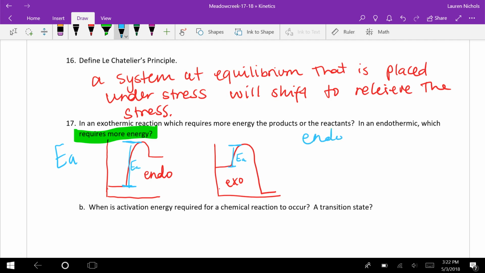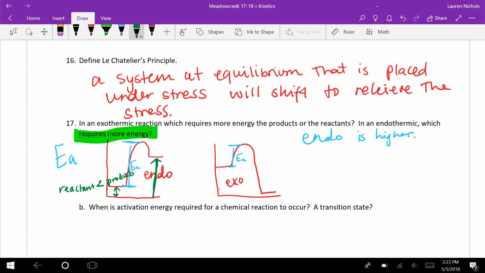So endo is higher, but it does say the products or the reactants. So let's talk about that as well, I guess. If we're looking at the reactants here, in an endothermic graph, the reactants are smaller than the products, right, in terms of their amount of energy.